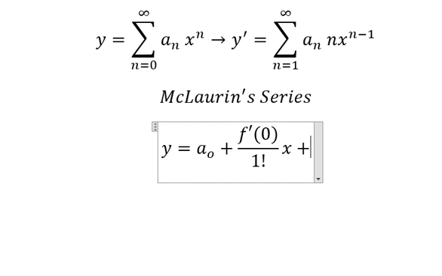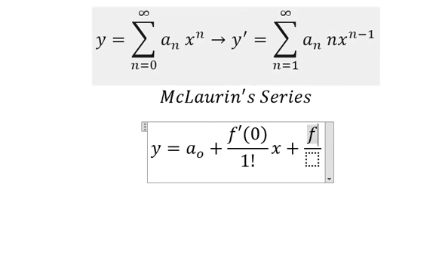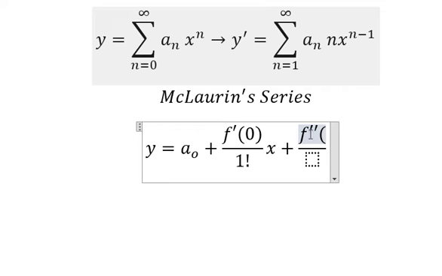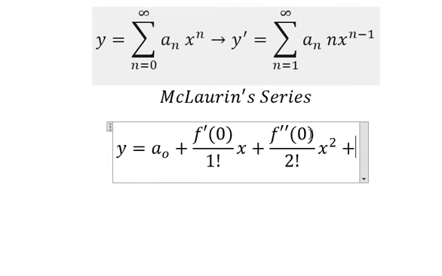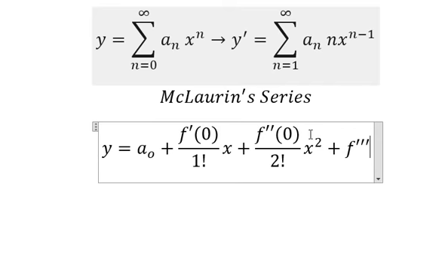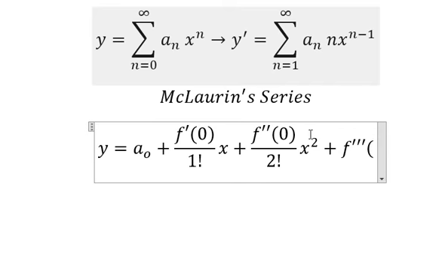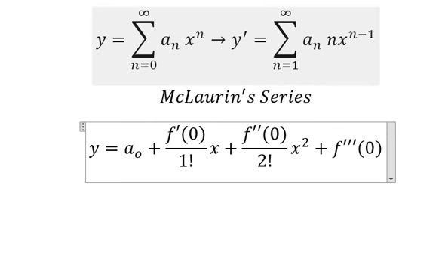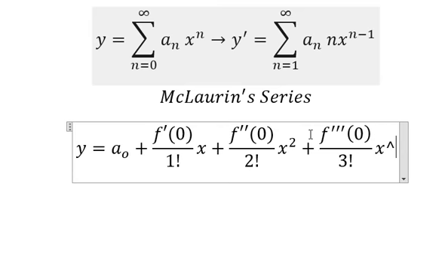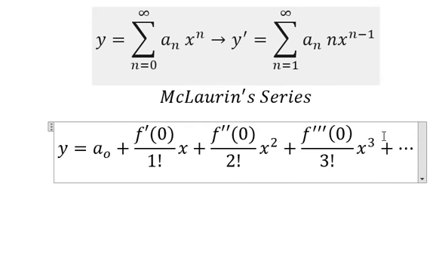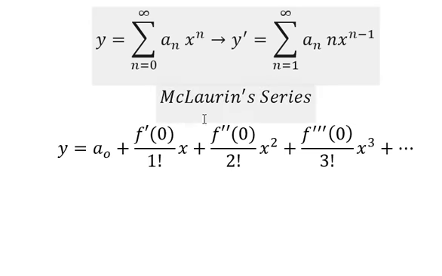Later that we have second derivative at s equal to number 0 and we have 2 factorial and we have s squared, and we have third derivative at s equals to number 0 over 3 factorial multiplied by s to the power of 3 and so on in here. So this is about the McLaurin's series.